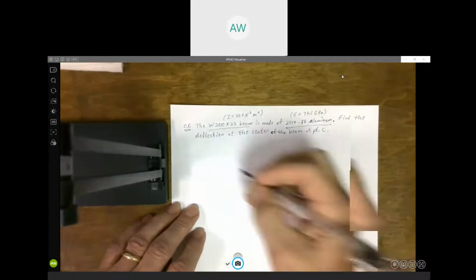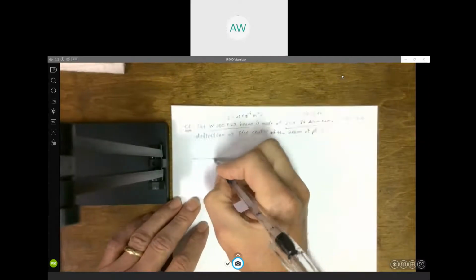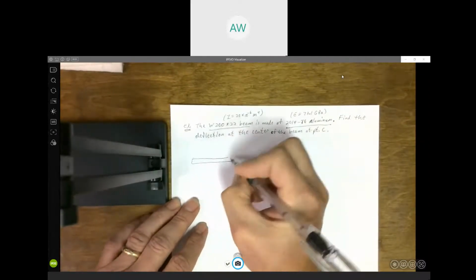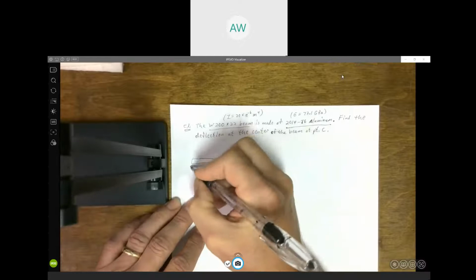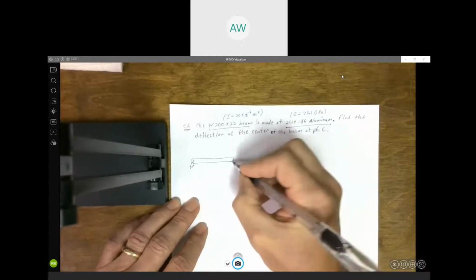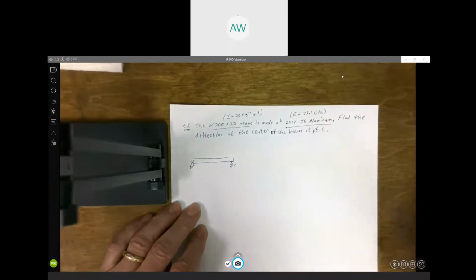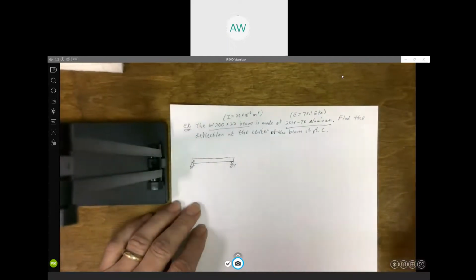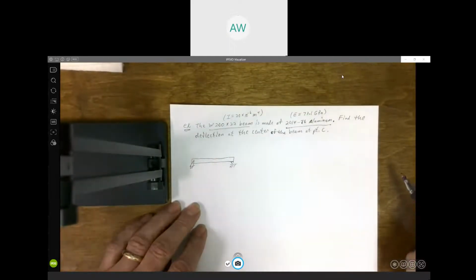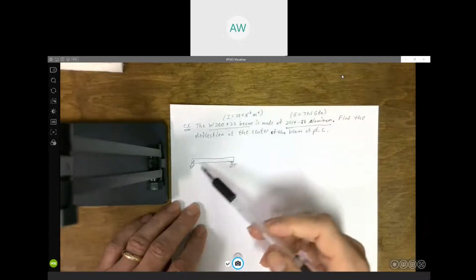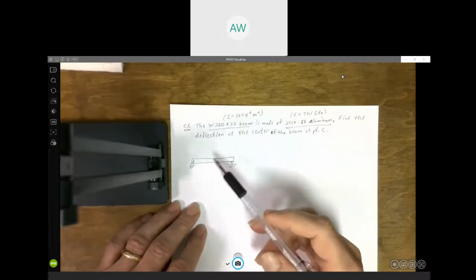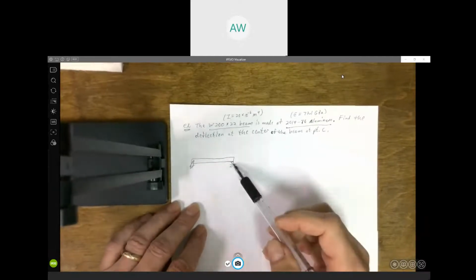So we've got a simply supported beam. Pin and roller. And just while I'm thinking about it, this is the way the beam looks in the table. You'll see in a minute. It's got a pin at the left end, a roller at the right end.